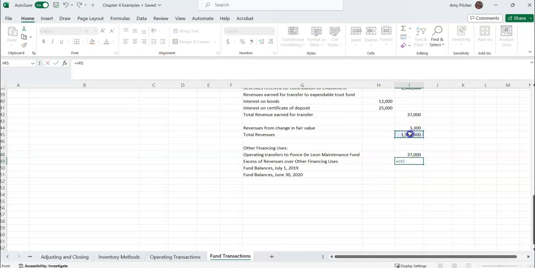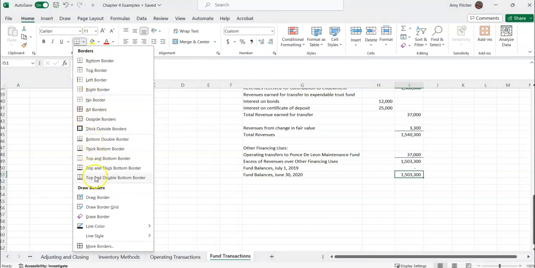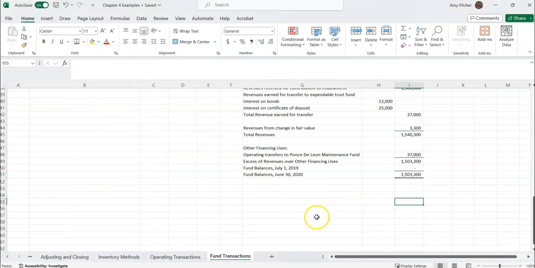So we're going to take our revenues minus that $37,000. We had a fund balance of 0 on July 1st. We received the contribution on December 31st. And so we have our fund balances as of June 30th.